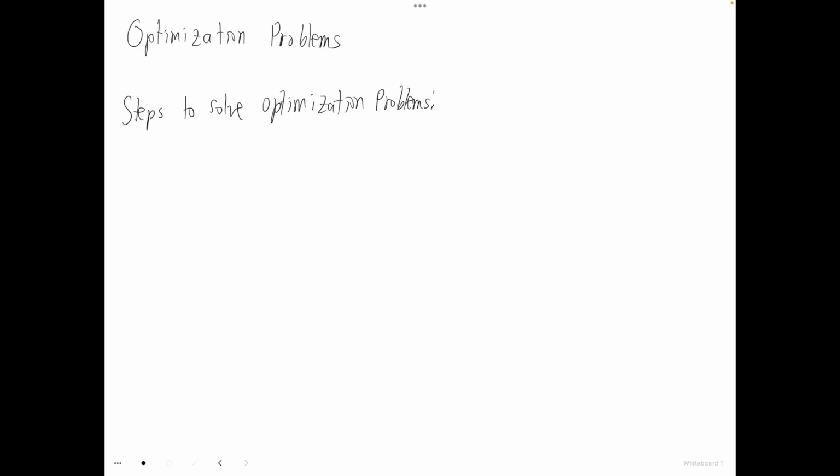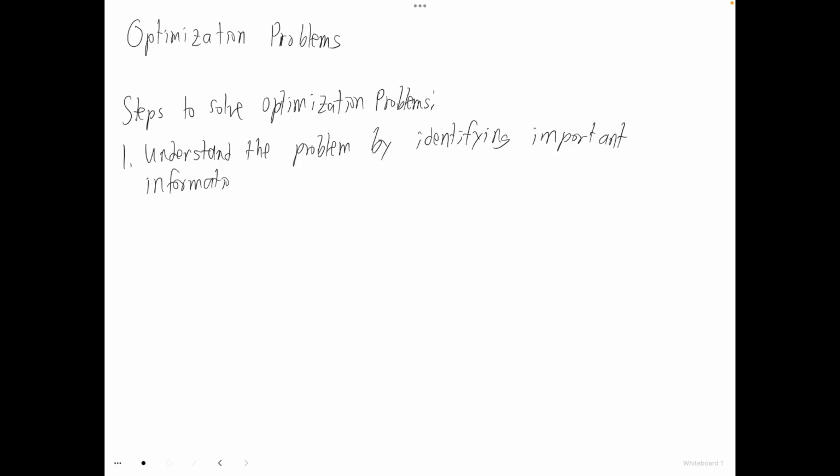The first step is understand the problem by identifying important information as well as the function you want to optimize.